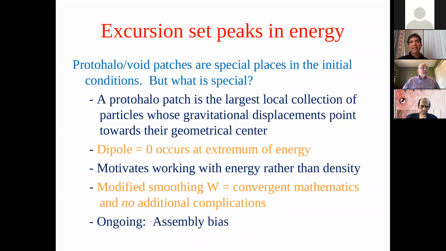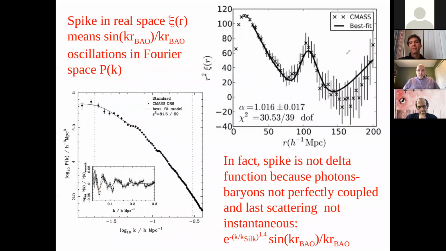But this was just an aside to say there is memory of the initial conditions, even in highly nonlinear objects. And so back to our problem of memory of the initial conditions at 100 megaparsecs. We expect that memory to be retained, okay?